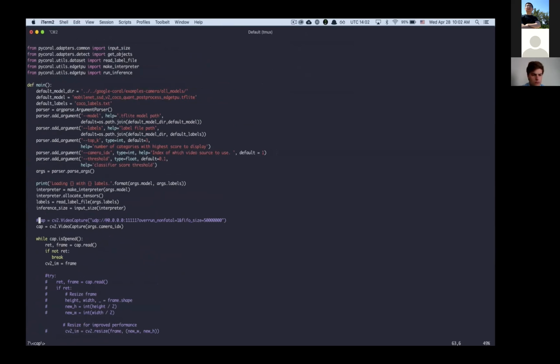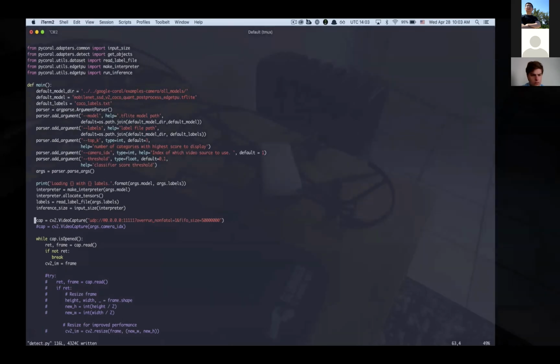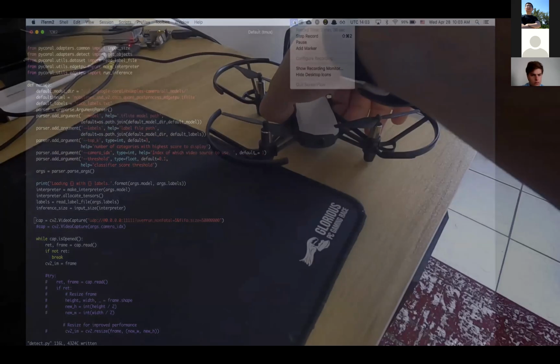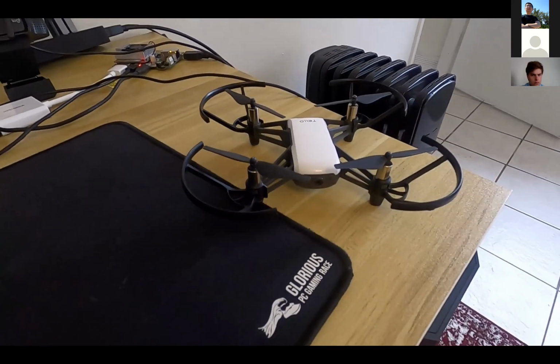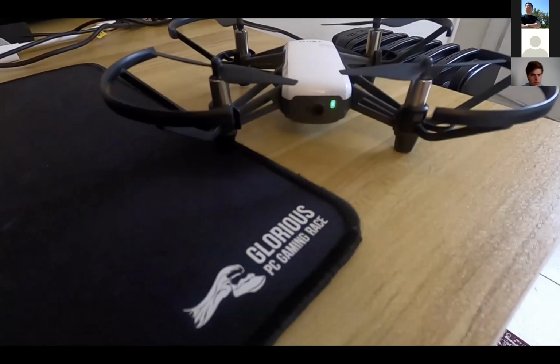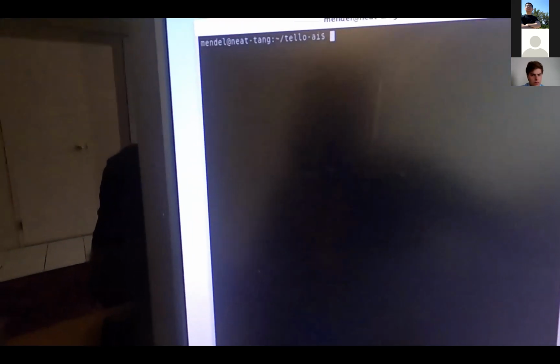That was another challenge I had to deal with at the beginning. And then some buffer issues because of the data that was sent to the TPU. So a lot of work before I actually could deal with the drone.